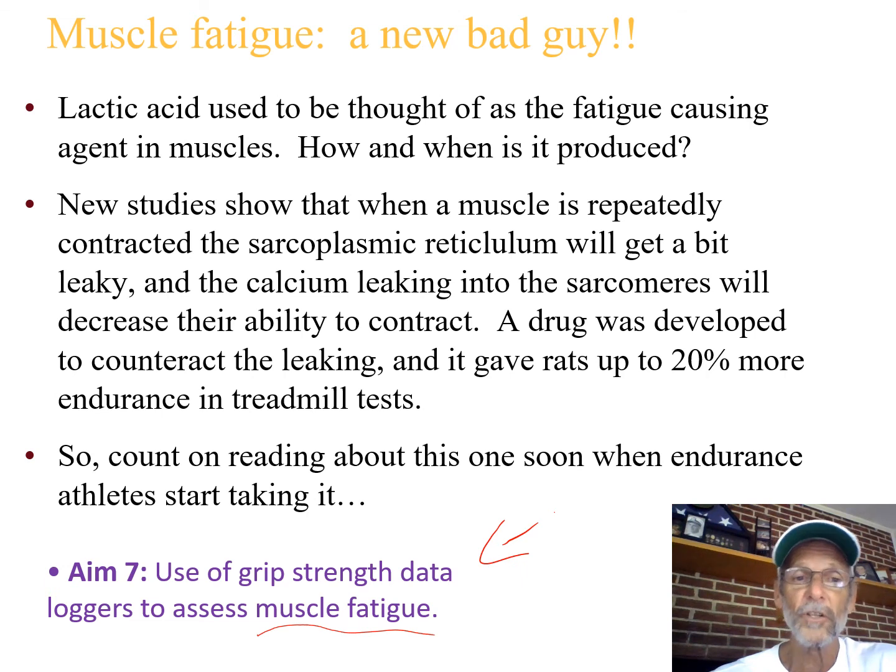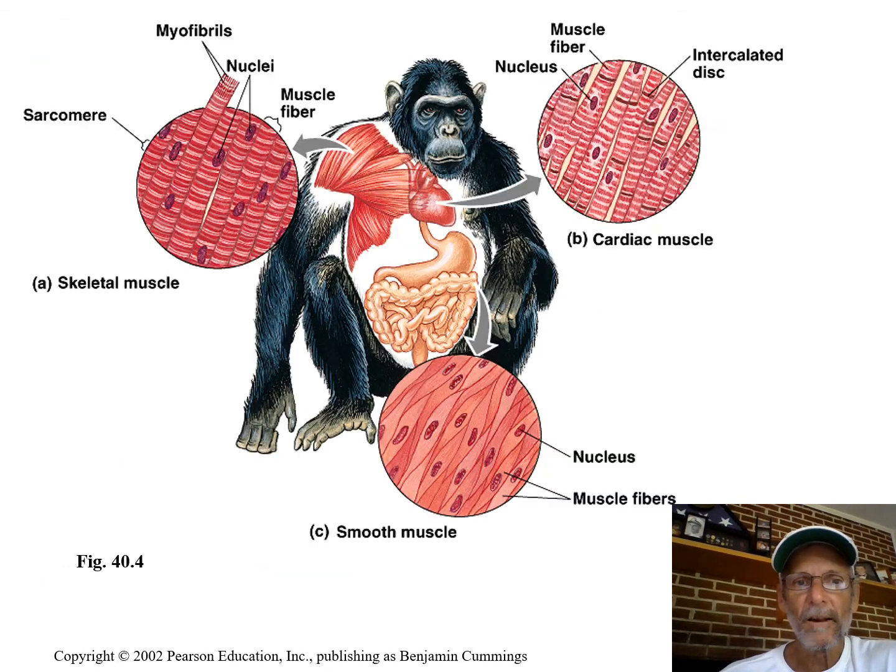What if you can't get enough oxygen to this muscle fast enough to have it work to the demands you're placing on it, which means you're asking it to work too much, and that consequent lack of that muscle working is what we call fatigue, right? It's not able to contract as much as it used to be able to. We're going to use these little grip strength things to have a contest real fast. And there's the different kinds of muscle, which again, they didn't need for you to know.